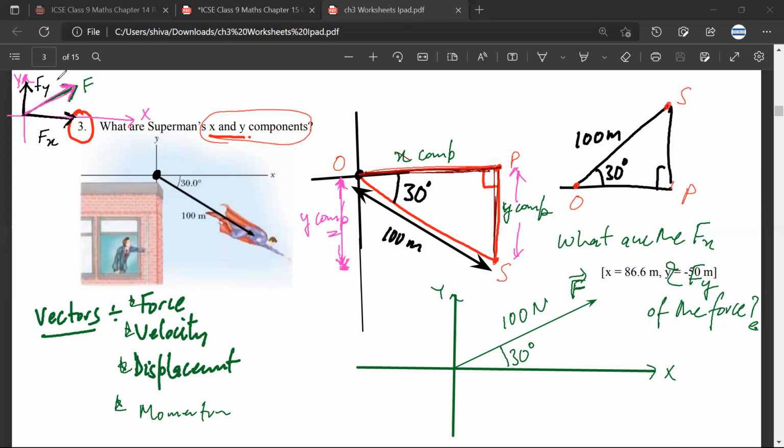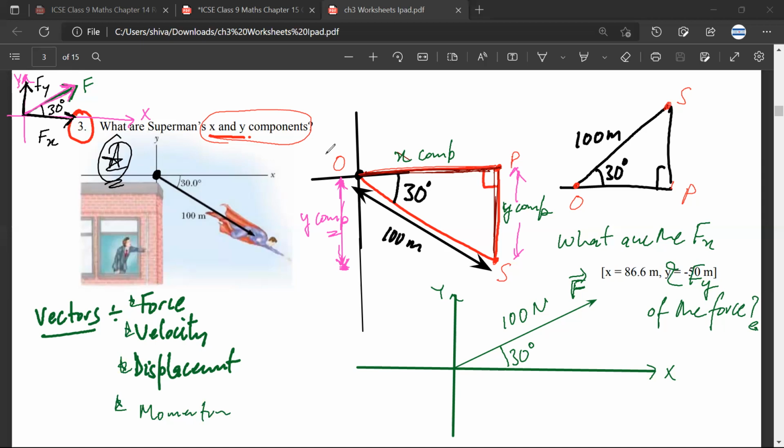Chris, is it making sense? Yes, sir. So basically, when they are asking me to do a question like this, they are slowly taking me on that path where the vector has to be resolved into x component and y component. Is it making sense? Yes, sir.